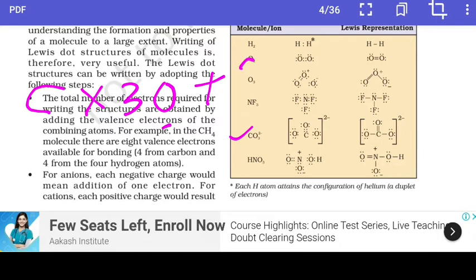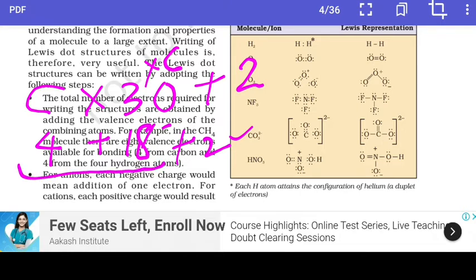So plus 2 from this 2 negative charge. So 4 electrons from this carbon and 6 electrons from each oxygen, so 18, plus 4 is 22, plus 2 means 24. There will be 24 total electrons.